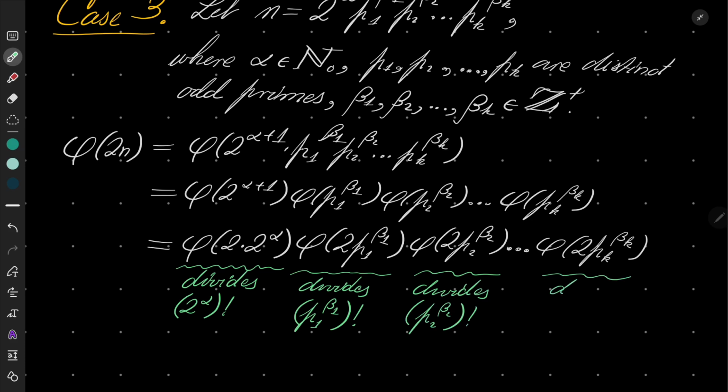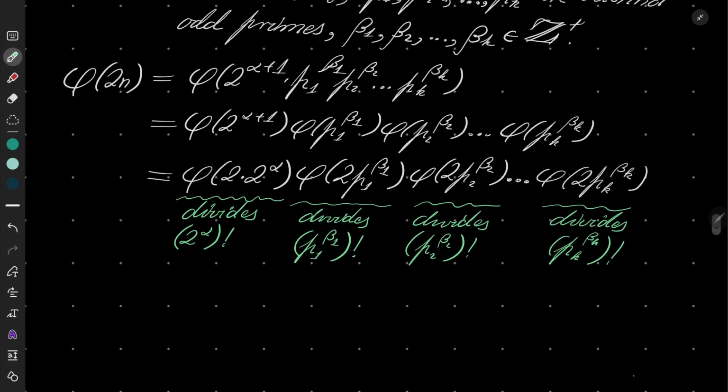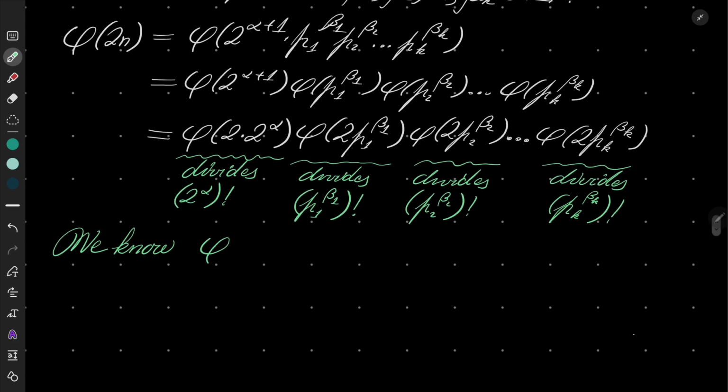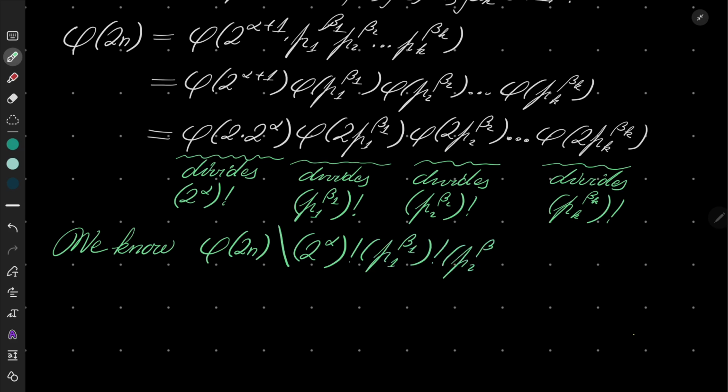Finally, this number does divide pk to the power beta k factorial. Perfect. So we know that phi of 2 times n does divide 2 to the power alpha factorial, p1 beta 1 factorial, p2 beta 2 factorial, and so on, pk beta k factorial.